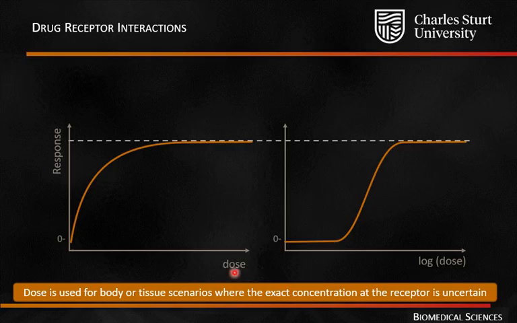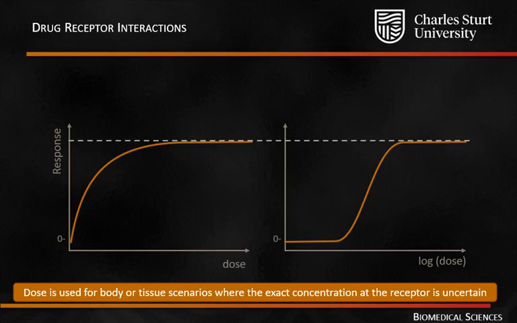So if we just use normal dose, just straight linear, what you'll see is this kind of asymptotic behavior as it reaches a saturation point where the cell and its setup, its infrastructure, and the number of receptors and the links to the output are all fixed. You get a point where you can't do any more. The machinery of the cell has reached its maximum limit. And so that's what we're seeing here.